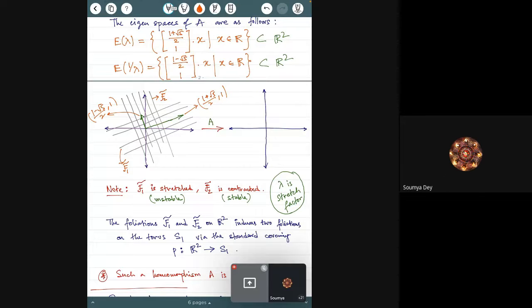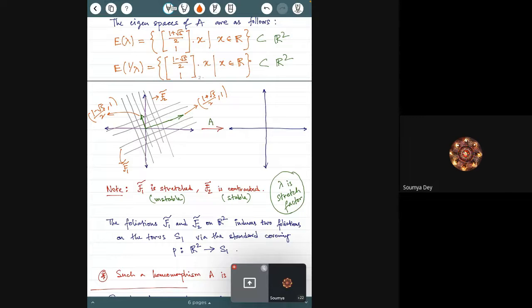Such a family of disjoint curves which fill your whole surface is called a foliation. Similarly for the other vector, ((1 minus root 5) by 2, 1), if you consider all parallel lines to this vector, this will also fill your whole plane, and this is another foliation of R2, right?